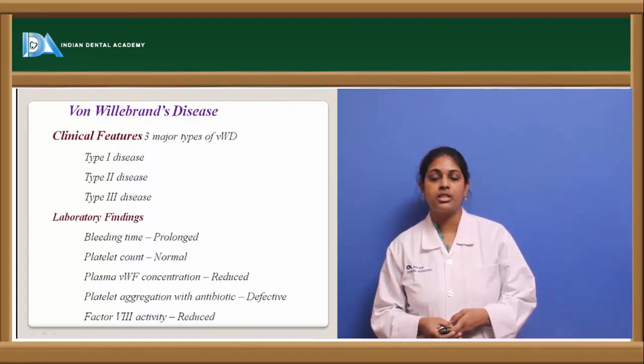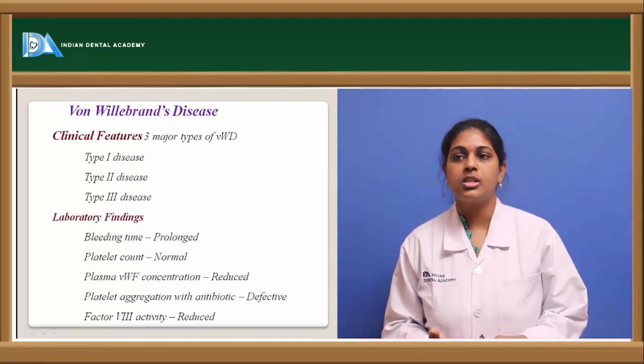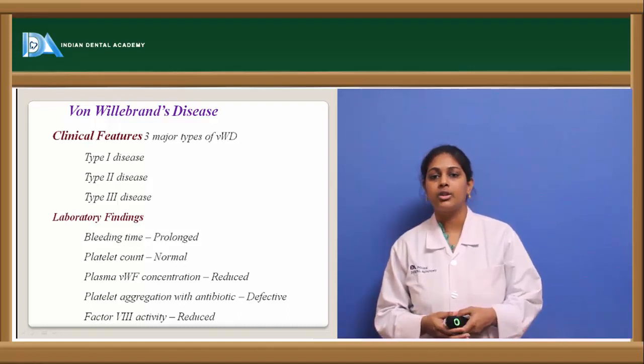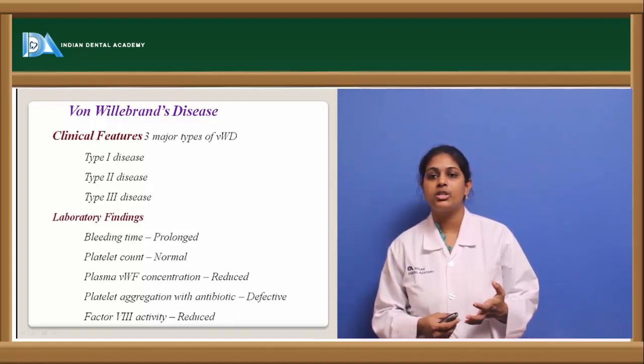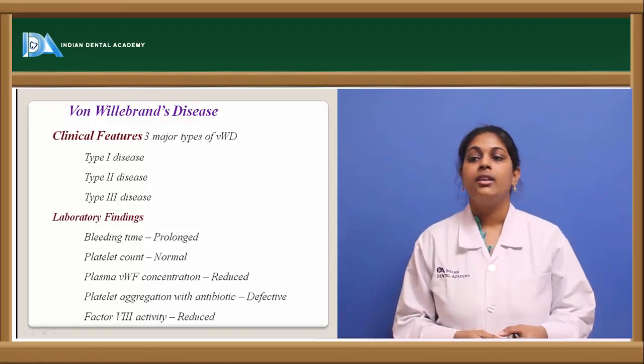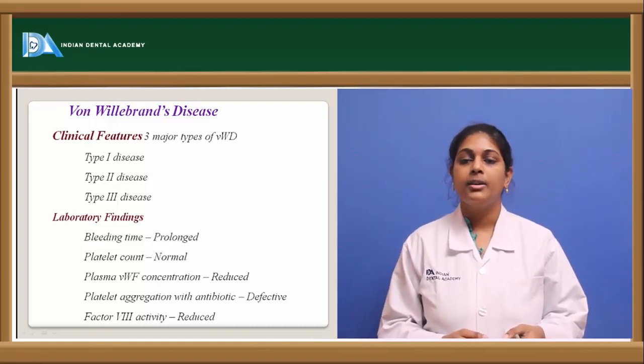Coming to von Willebrand's disease, it is usually classified into 3 major types: type 1, type 2 and type 3. This is because of a deficiency in von Willebrand factor, which is one of the agents used in clotting. Coming to the laboratory findings, the bleeding time is usually prolonged, whereas the platelet count is usually normal.